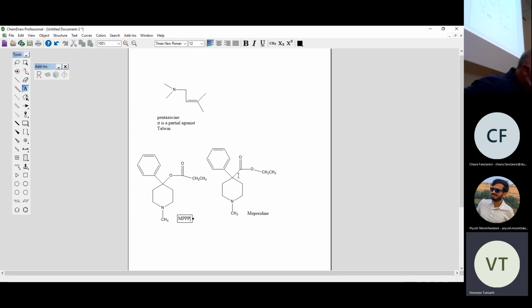In particular, the scientists tried to increase the potency of this class of compounds by inserting a phenethyl substituent on the basic ring. So instead of the methyl group, they inserted a phenylethyl substituent, just to increase the potency of these 4-phenylpiperidines.